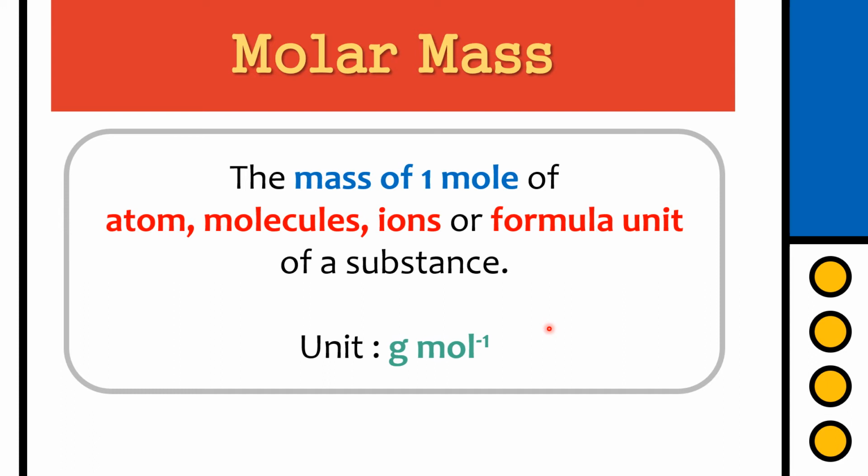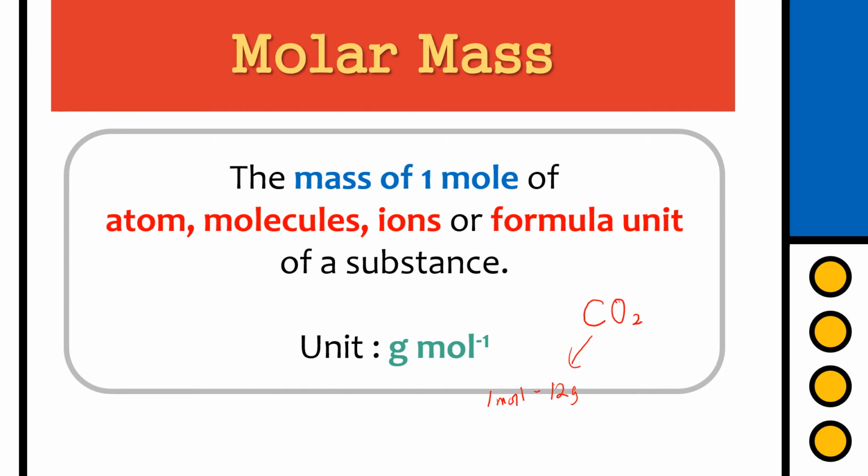kalau saya kata, berapa berat carbon dioxide? Okay, so awak kira lah, you have carbon dioxide, CO2. Bila saya kata what is the molar mass of carbon dioxide, so awak akan carilah, berapa molar mass carbon? Untuk 1 mole carbon, berapa berat dia? 12 gram tadi, for 1 mole.